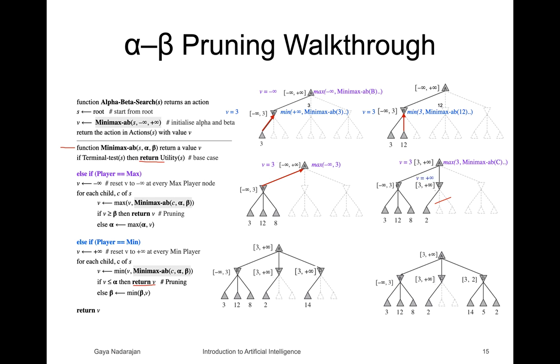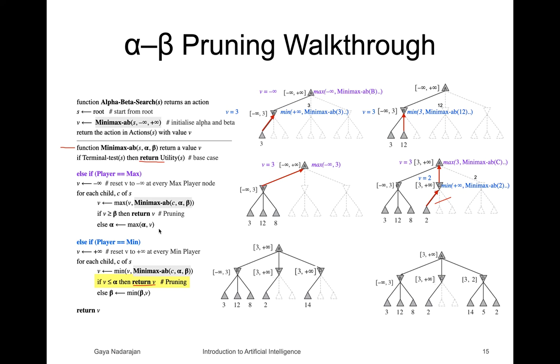Sorry, no, V just stays 3, obviously, okay? Because 3 is bigger than 2, and nothing happens to V. V remains 3, and then it's going to check if V is bigger than or equal to beta, and it's not, because beta is plus infinity and V is just 3, so it doesn't do that.